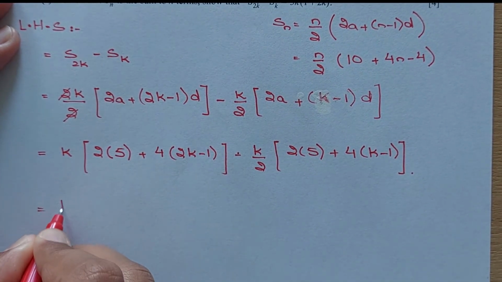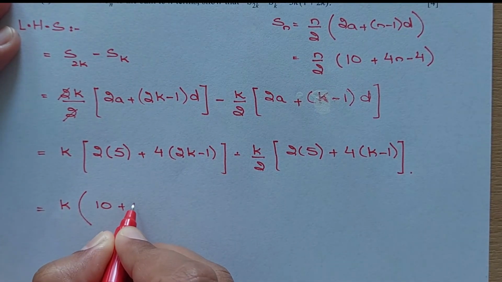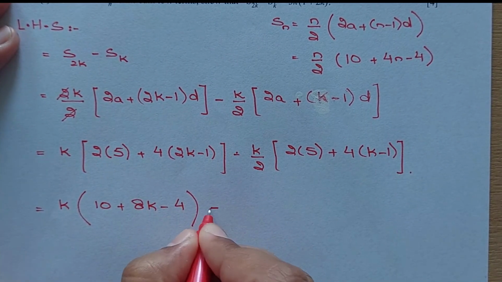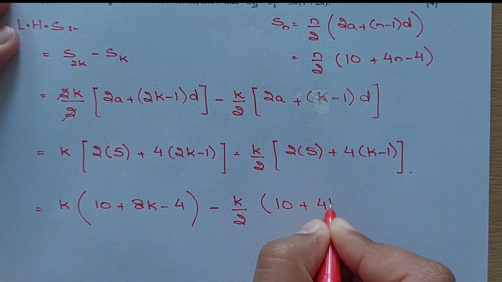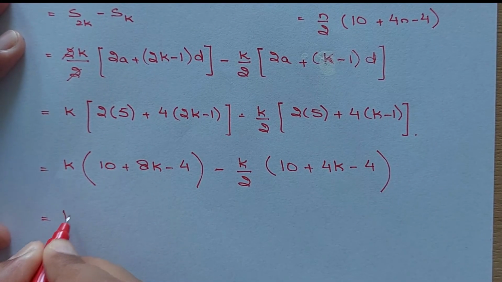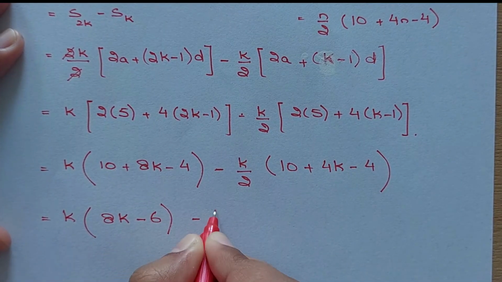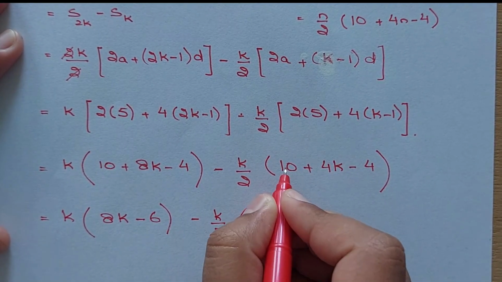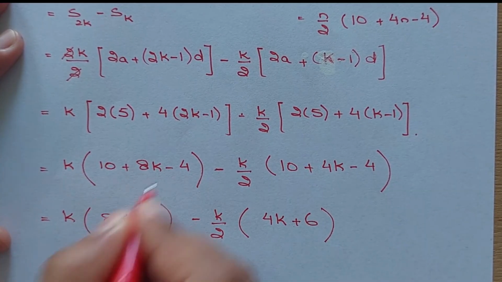We have k into 10 plus 4 times 2 is 8k minus 4, minus k by 2, 10 plus 4k minus 4, right? So we have k here, 8k, and 10 take away 4 is 6.